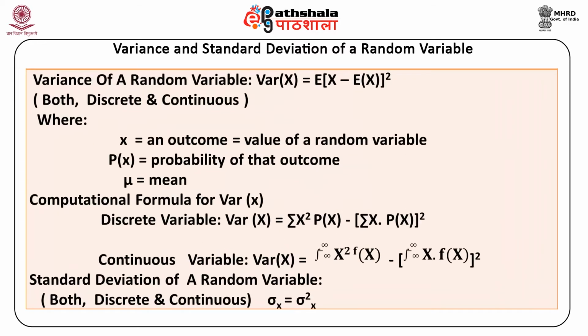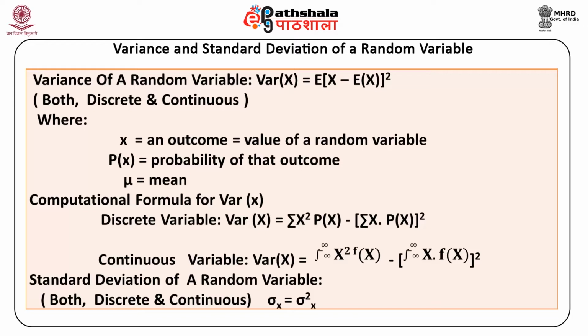So variance of a random variable, variance X, is equal to expected value of (X minus E(X)) whole square in both discrete and continuous case, where small x is an outcome which is equal to the value of a random variable, P(x) is the probability of that outcome, and mu is the mean.